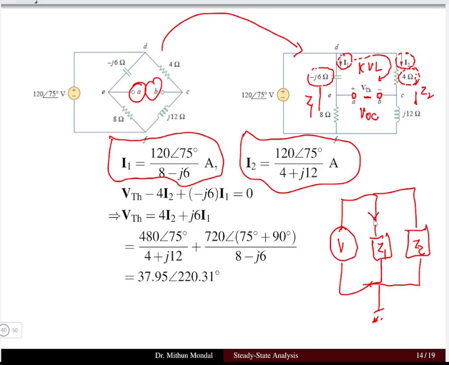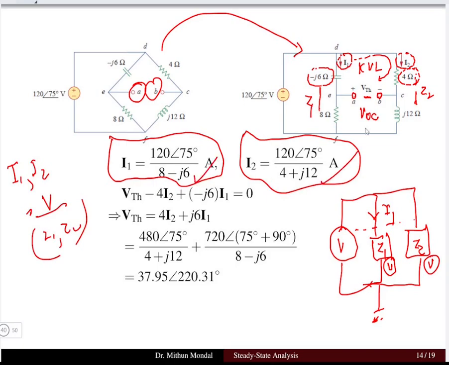The current I1 flowing here is basically determined by the potential V, because these three are in parallel, so the same potential will be across Z1 and Z2. So I can determine the current I1 or I2 using voltage divided by Z1 or Z2. Okay, so I am getting the value of I1 and the value of I2.